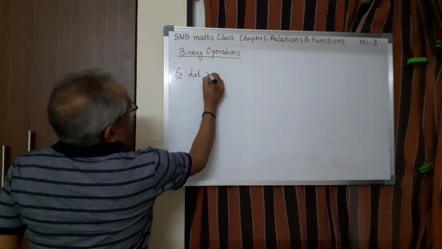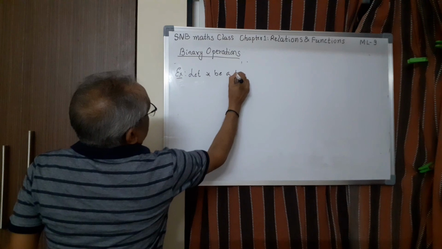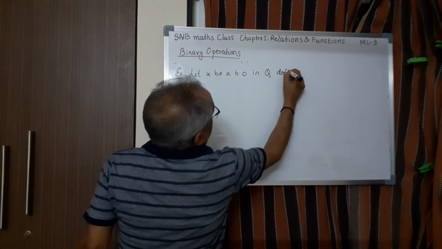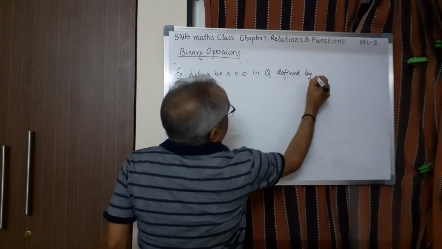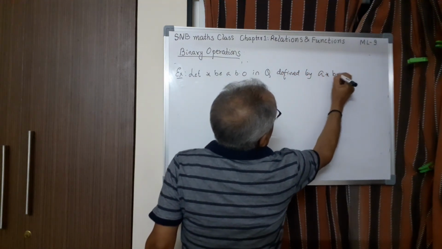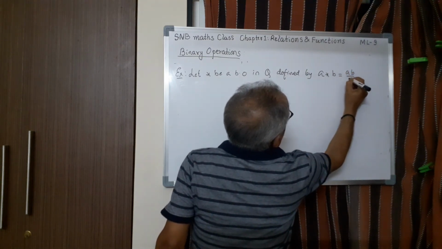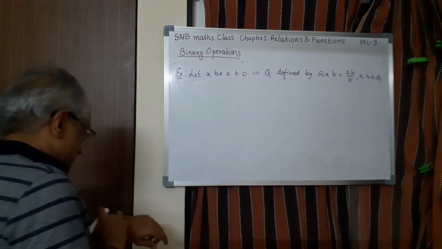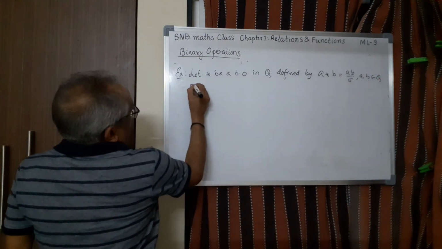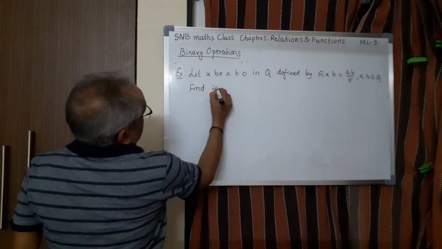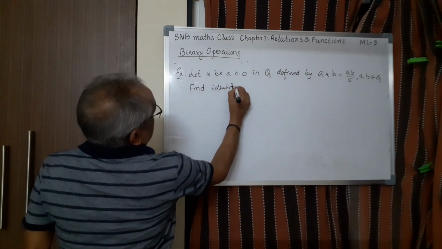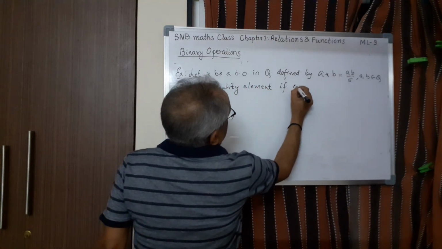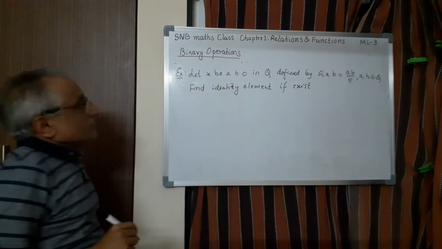Let star be a binary operation in Q defined by a star b equal to ab by 5, a, b belonging to Q. Find the identity element if it exists.